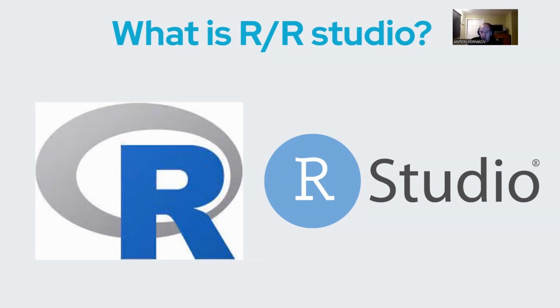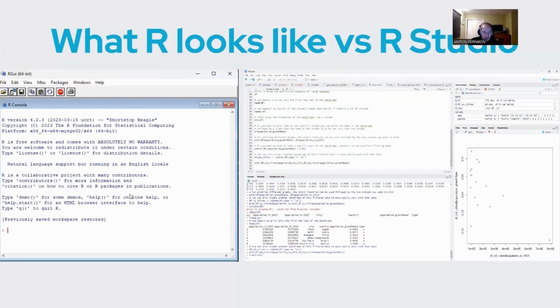So that's essentially what the programming language itself is, but I'm also going to be covering RStudio as well. If people aren't aware what that is, it's an IDE, which basically means it's built on top of R, and it gives additional functionality that base R doesn't actually provide itself. If we go to the next slide, we can see on the left here, this is what R on its own looks like. It's just a console where you can type basic functions.